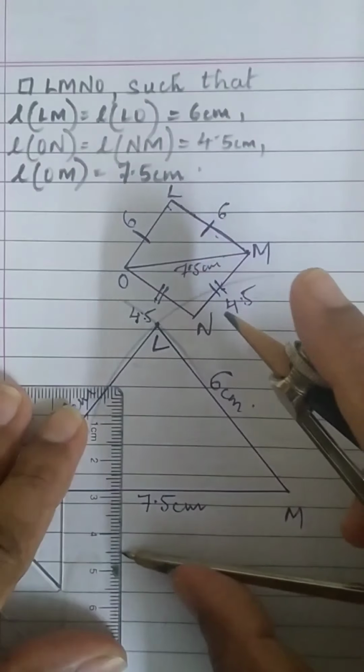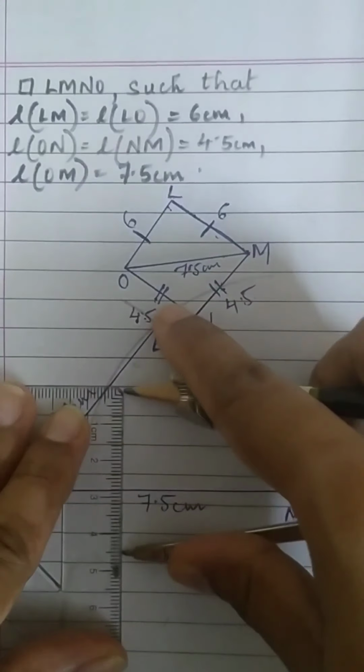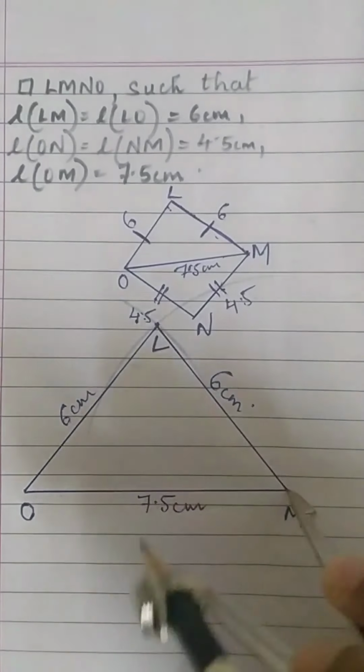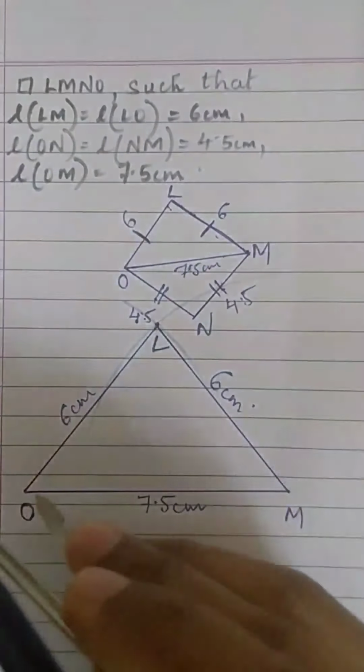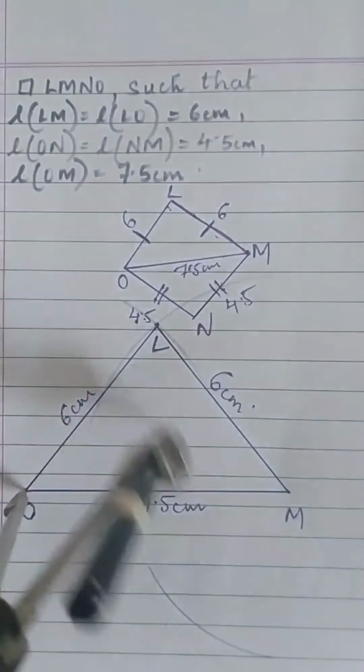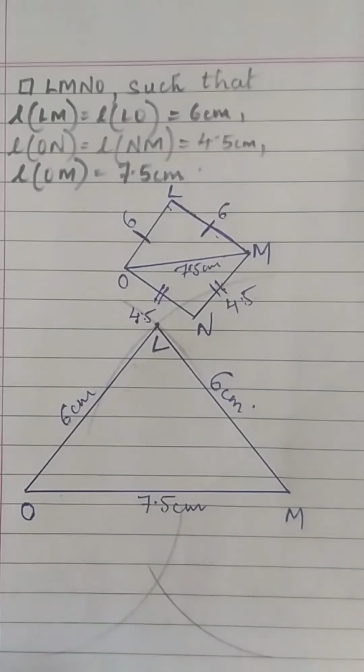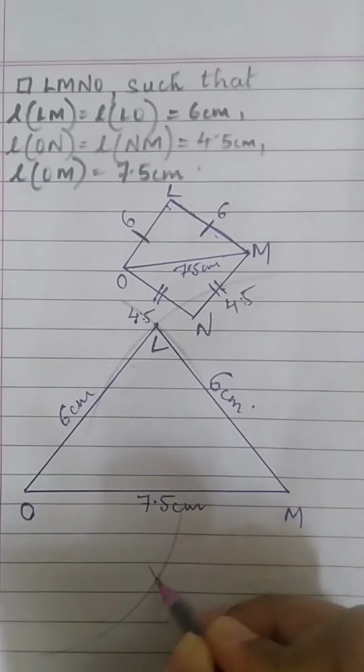4.5 centimeter. Keep the compass on M, draw arc. Keep the compass on O, cut that arc. So here I got the point of intersection.